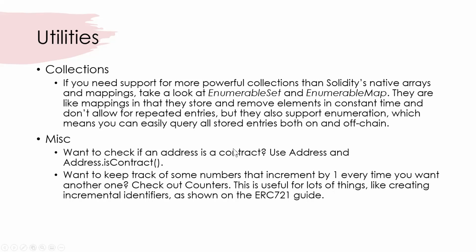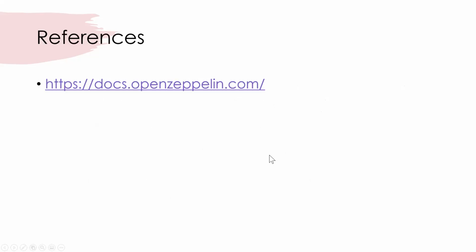If you want to check if an address is a contract, you could use this function right there, or method, whatever it's called. This also mentions counters. We saw how counters work in the first contract that I showed, essentially incrementing the number every time you use it. So this is what that does.